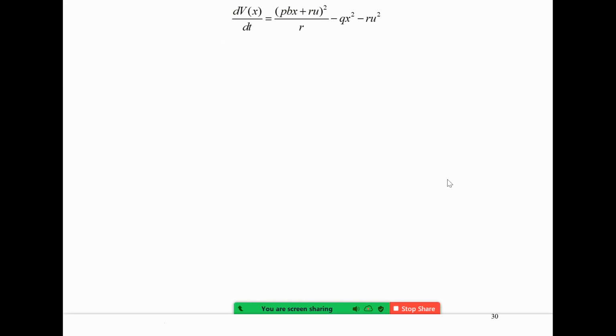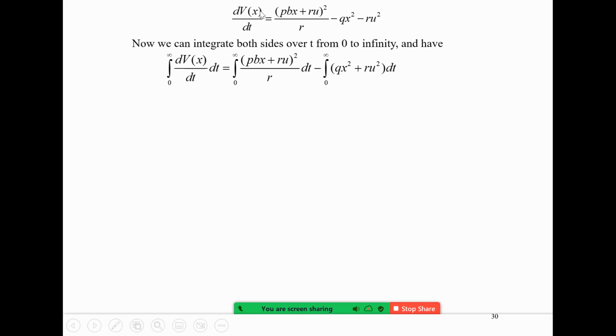So now let's just do the integration. We integrate both sides over t from 0 to infinity. And so what happens? Both sides, we do the integration from 0 to infinity.